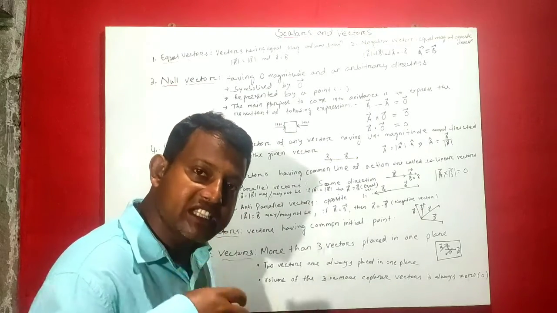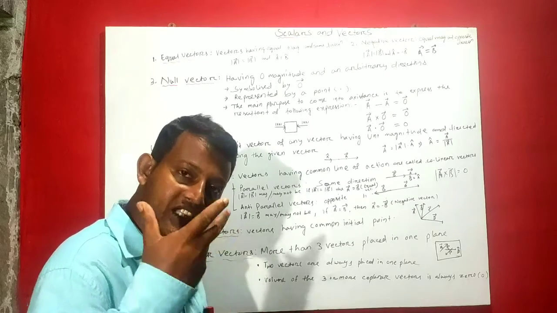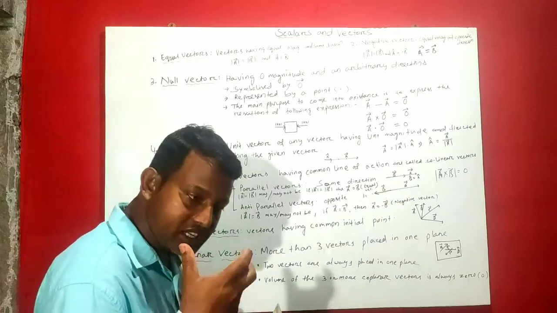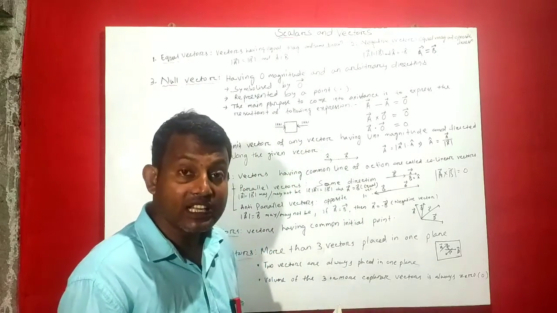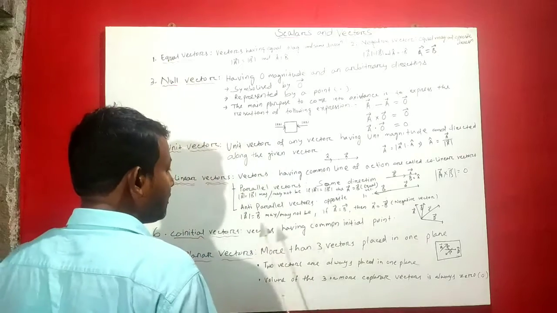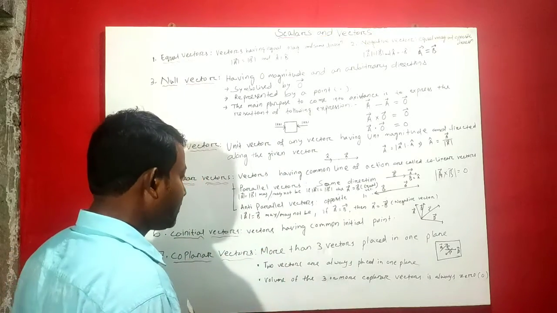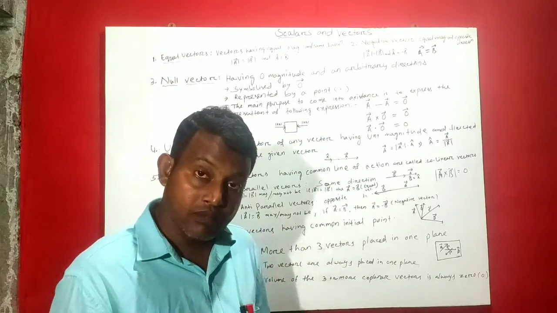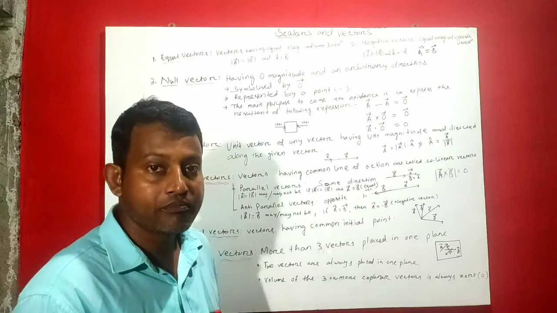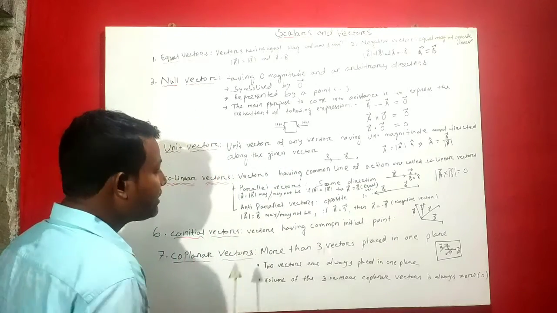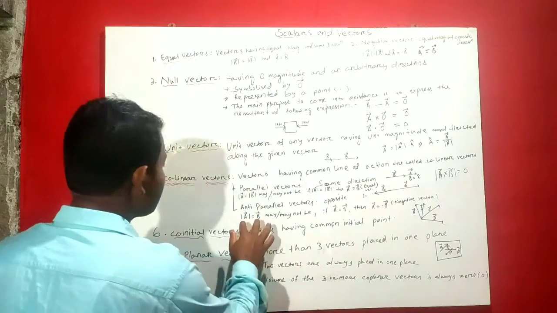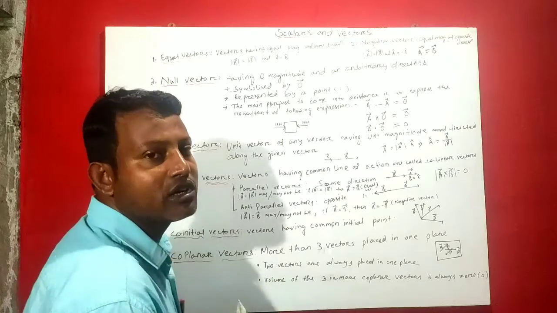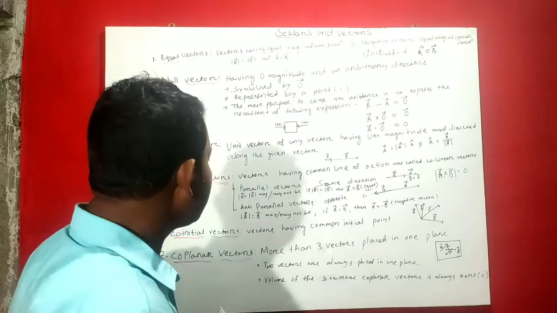Vectors having opposite direction are called antiparallel vectors. Again, the magnitude of antiparallel vectors may or may not be the same. That means, let A and B be two antiparallel vectors, then the magnitude of A and the magnitude of B may or may not be equal.